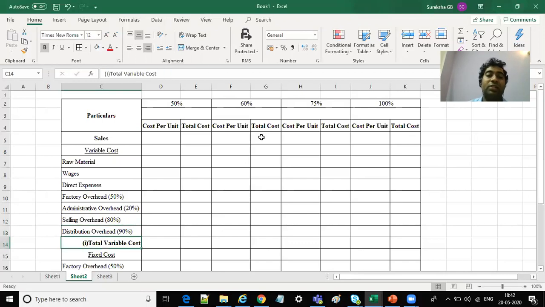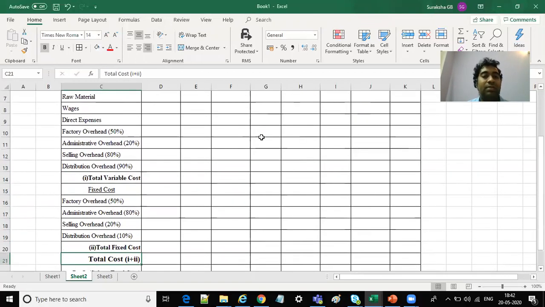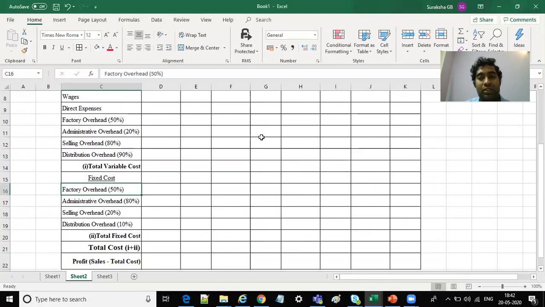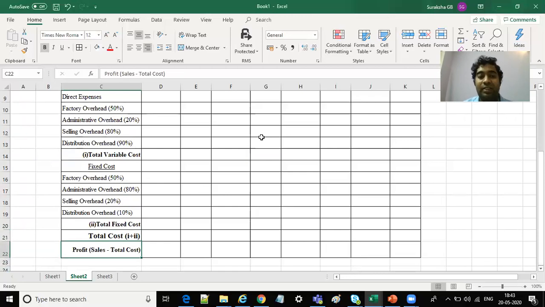When we sum up all these, we will get the total variable cost. Similarly, there are 4 fixed costs given in the problem: factory overhead 50%, administrative overhead 80%, selling overhead 20%, distribution overhead 10%. We're going to find the total fixed cost, and then total cost will be calculated as total variable cost and total fixed cost. In the bracket, for your understanding, I have mentioned it as 1 plus 2. Next, in the last, profit will be calculated. So profit is nothing but sales minus total cost.